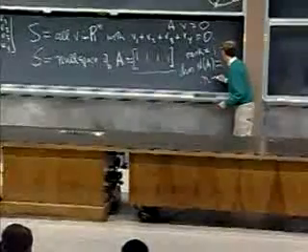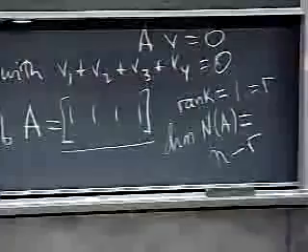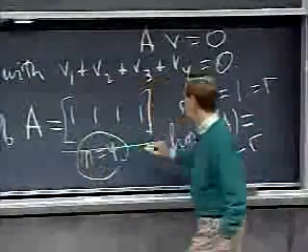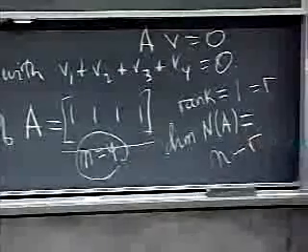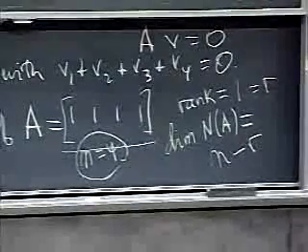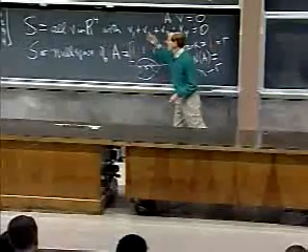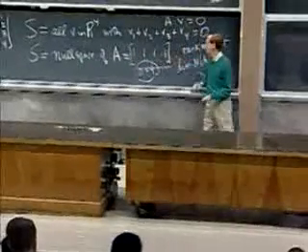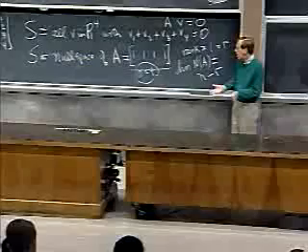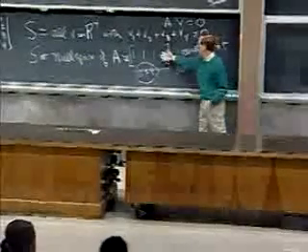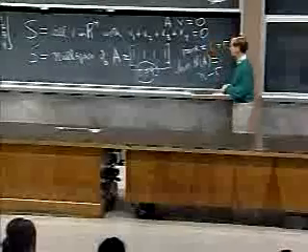In this case, n is 4, 4 columns. The rank is 1, so the null space is 3-dimensional. Of course, you could see it in this case, but you can also see it in our systematic way of dealing with the 4 fundamental subspaces of a matrix.